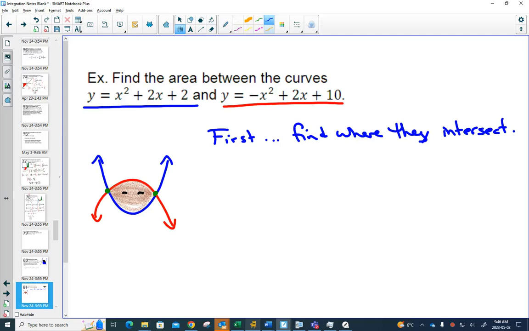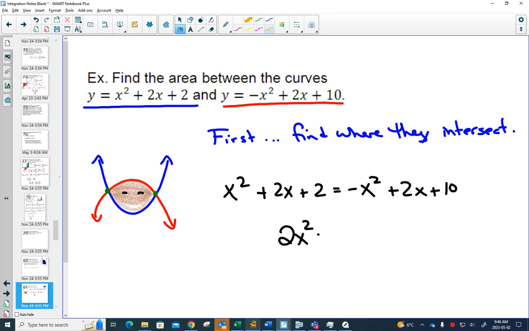They're both y equals, so it's just a matter of saying, well, if they're both equal to y, then x squared plus 2x plus 2 would have to equal negative x squared plus 2x plus 10. Combine your like terms, and you will get 2x squared equals 8, x squared equals 4, x equals plus or minus 2.